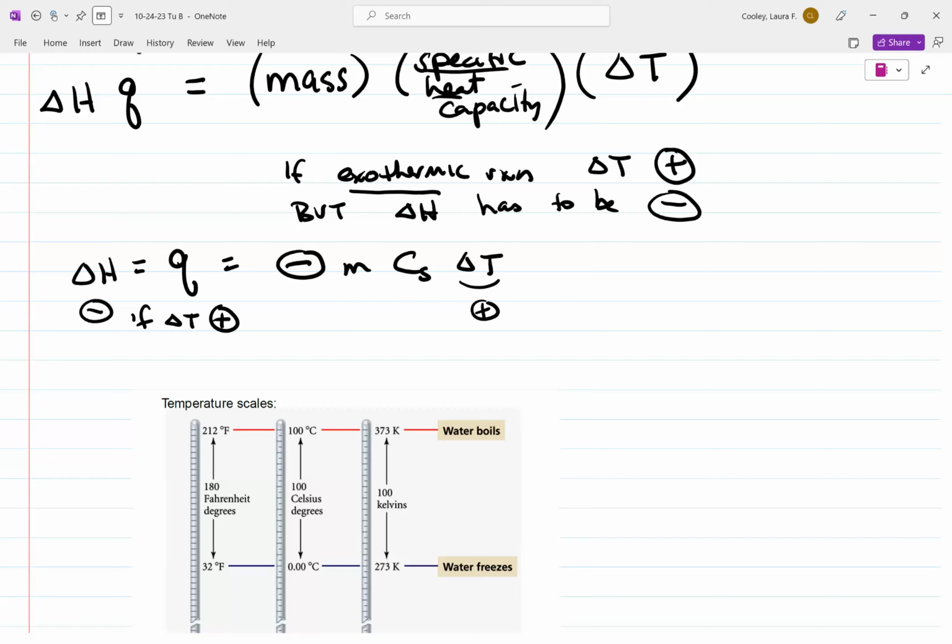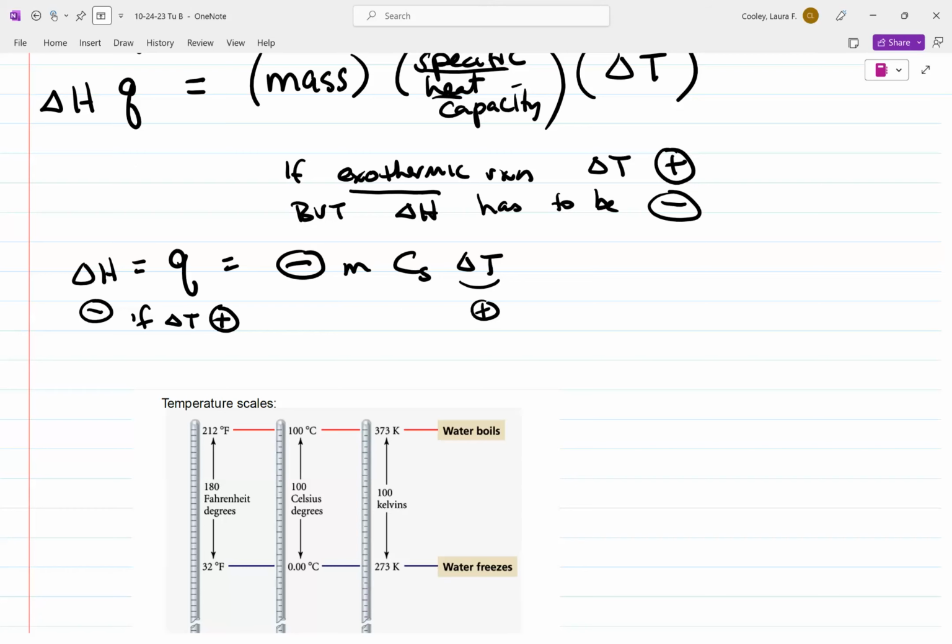But I'm not going to actually ask you to solve a problem like the problem on this piece of paper here, which we're going to get to. All right, that's a little too complicated for Chem 103. So I'm not going to ask you to solve a problem like that, but you need to know it because you're going to do it in lab, and you need to know it there for that one example.